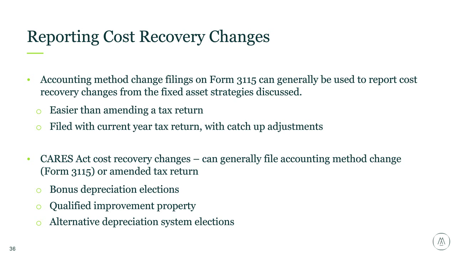So a great example is if you did a cost segregation study related to an office building that you purchased and placed in service in 2015, and you've only claimed $1 million of depreciation since 2015. But in the cost segregation study, we find that you could have claimed $5 million.